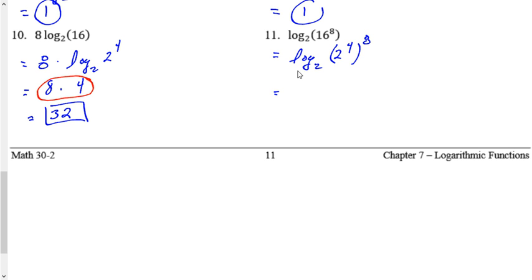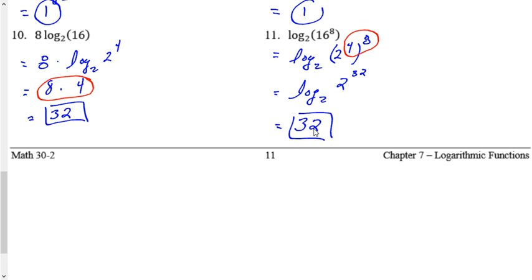Here again, because I have a power raised to an exponent, I can multiply these two exponents and I get an 8 times 4. So I will have log base 2 of 2 to the exponent 32. Bases are the same, so the value of this logarithm is the value of the exponent, which is 32.